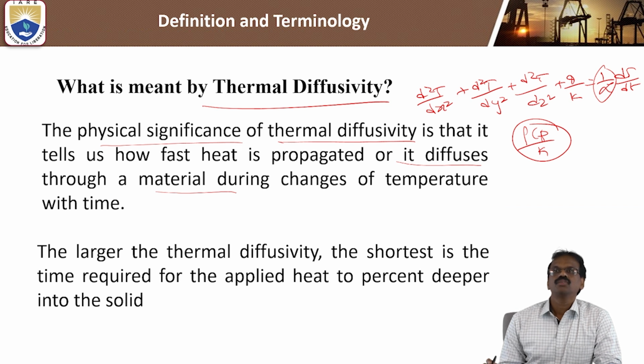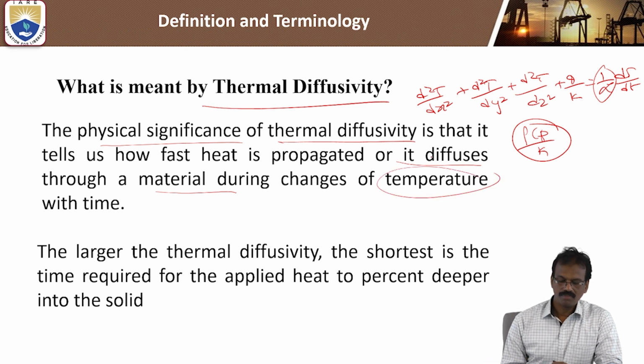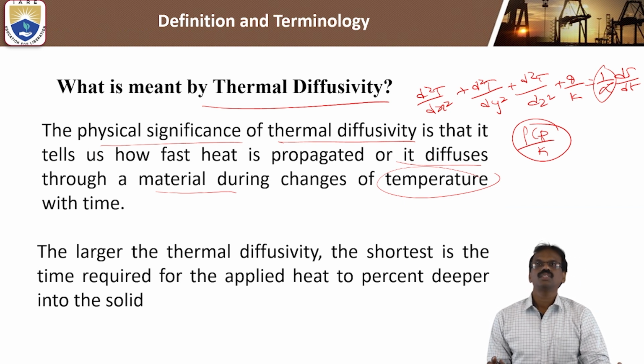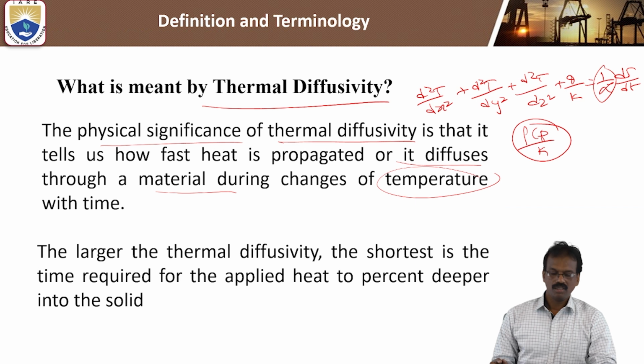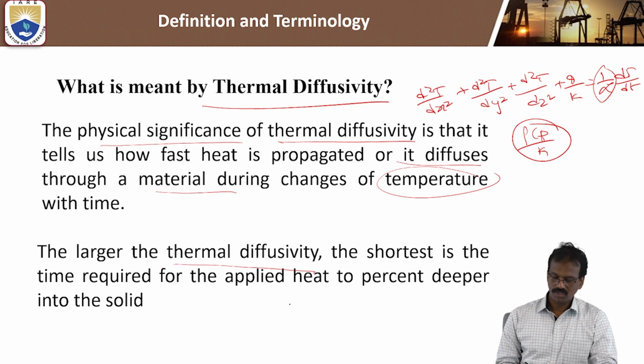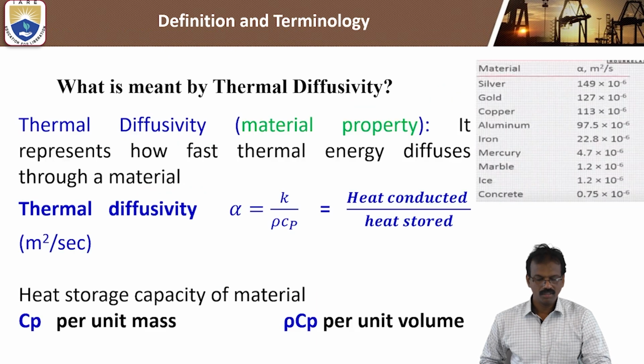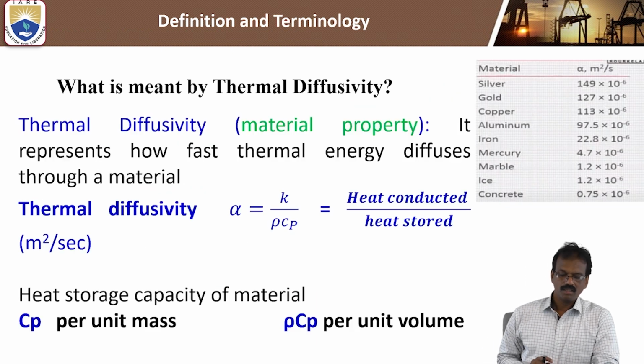So when the temperature is changing, how fast heat is propagated in that material, that is called thermal diffusivity. The larger the thermal diffusivity, the shorter the time required for the heat to penetrate into the solid. I will explain clearly.